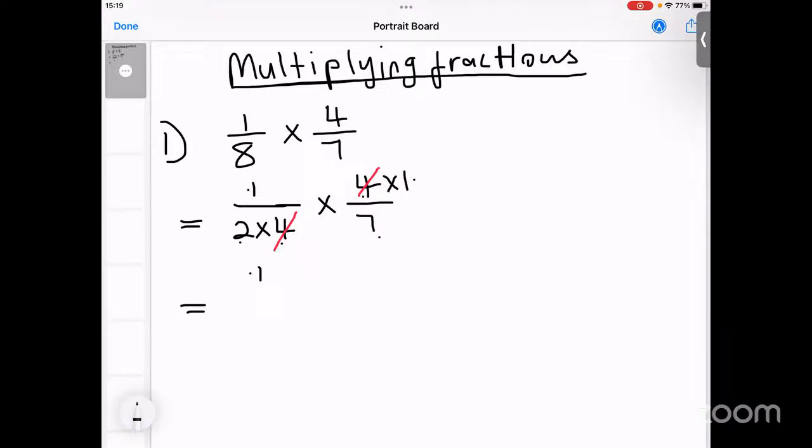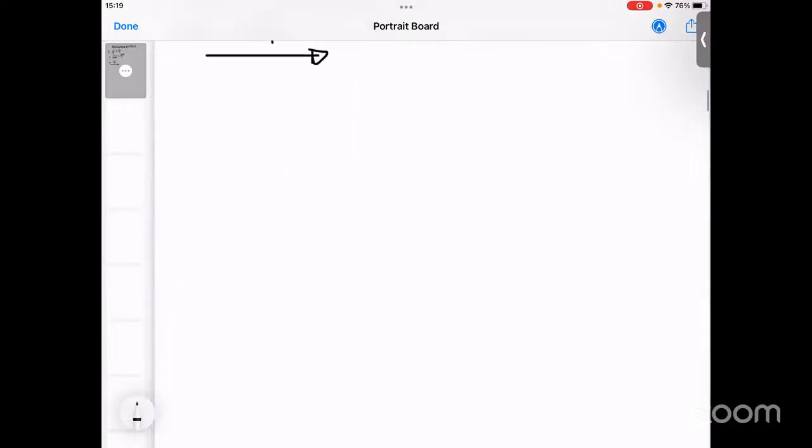It becomes 1 at the top over 2 times 7, which is 14. So can you see, when it comes to multiplying fractions, trust me when I say it's not that complicated. It's only tricky when it comes to adding and subtracting fractions.